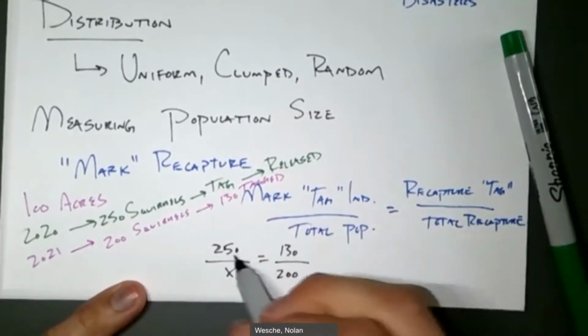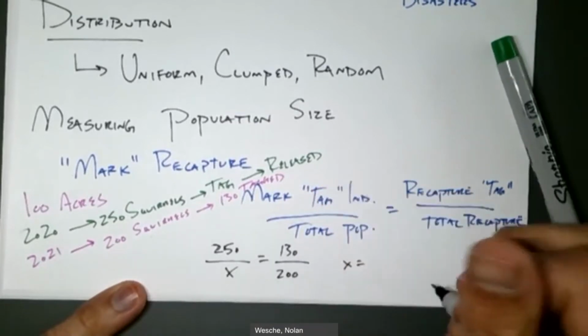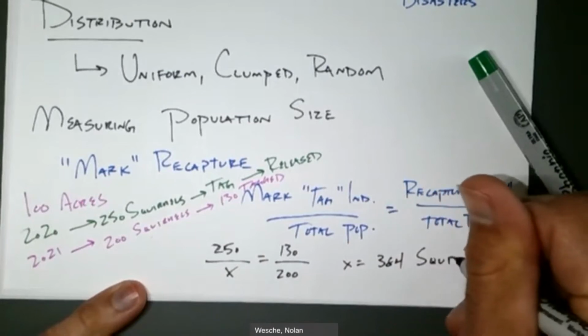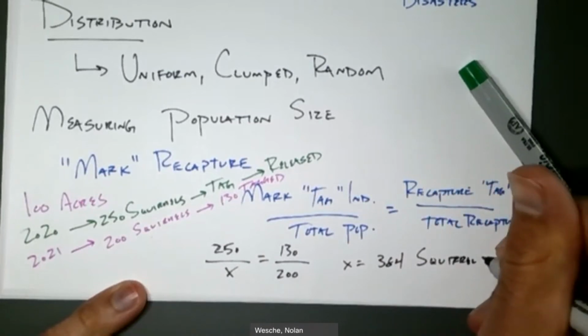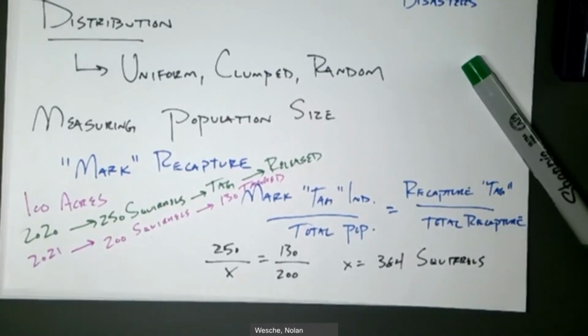So we cross multiply here, 250 times 200, divide by 130, and our estimate is about 384 squirrels. And that's a mark recapture study, and that's how it's done in ecology. So that is population ecology. I hope that's helpful. I'll see you next time.